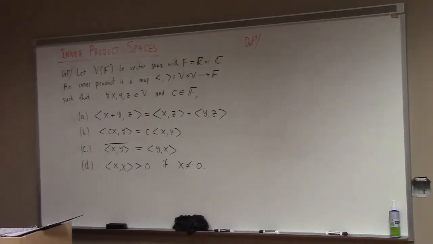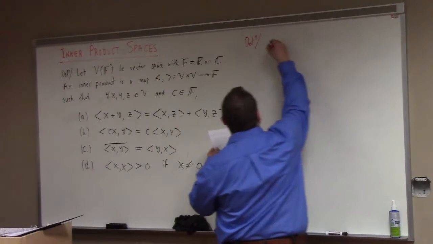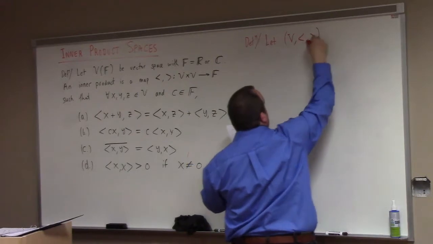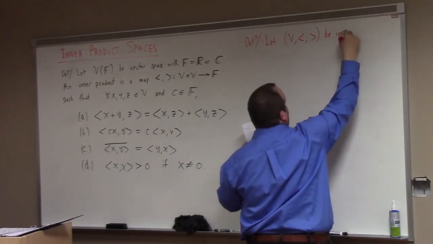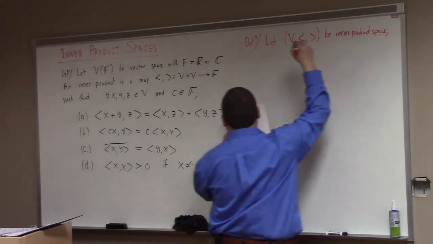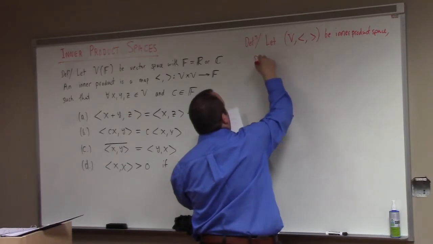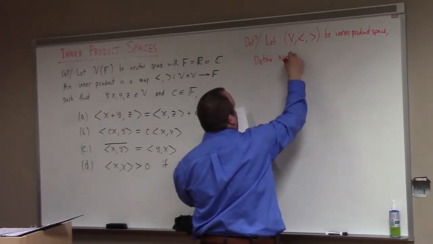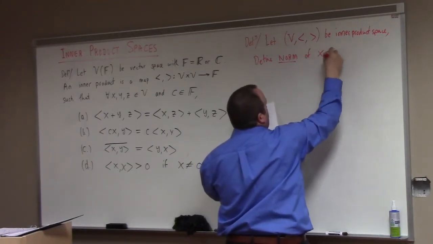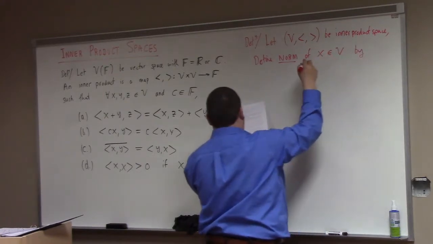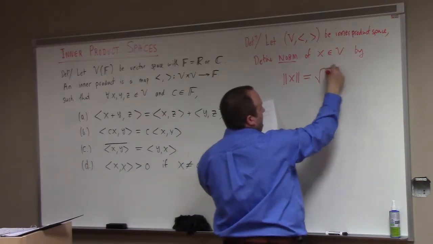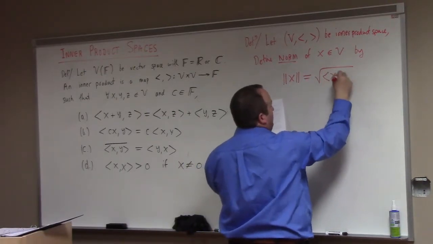All right, so here it is. Let V paired with inner product be an inner product space. All right, then we define the norm of x in V by double vertical lines x equals the square root of the inner product of x with itself.